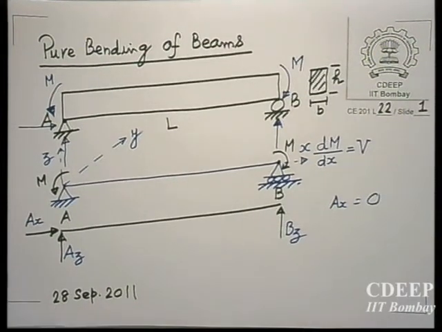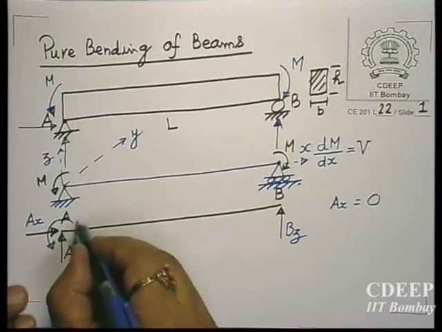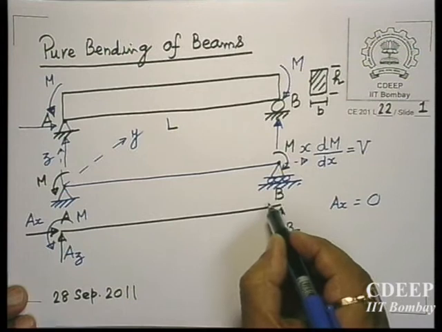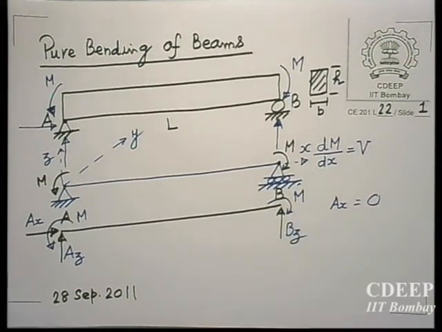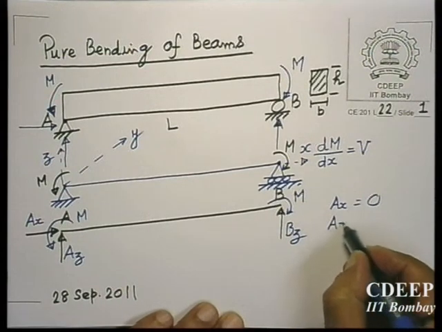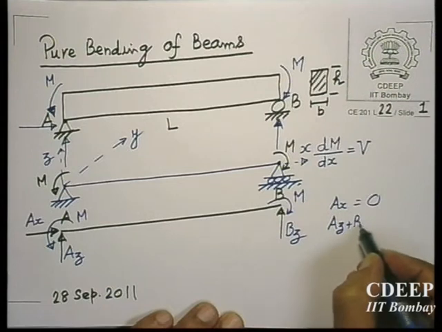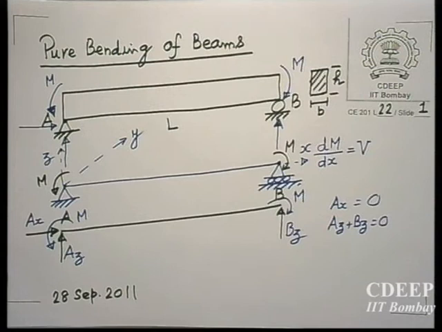Now as such there is no load on it, there is a moment M here and a moment M applied here. Now what about AZ plus BZ? That is also equal to 0, because there is no external load on the beam.